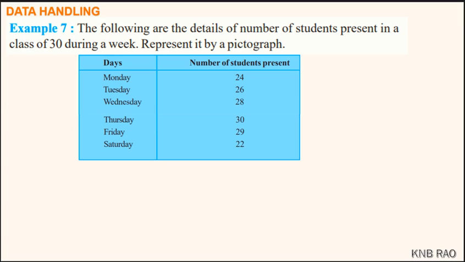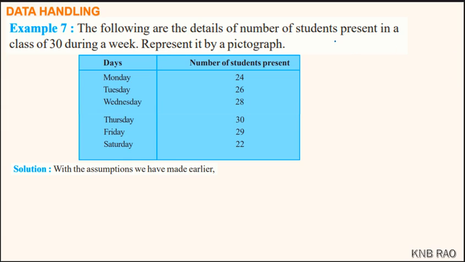Monday to Saturday, and how many students are present out of 30 is given. Now, the solution we will take with the assumption we have made earlier, like representing a person symbol for 5 students as one symbol.